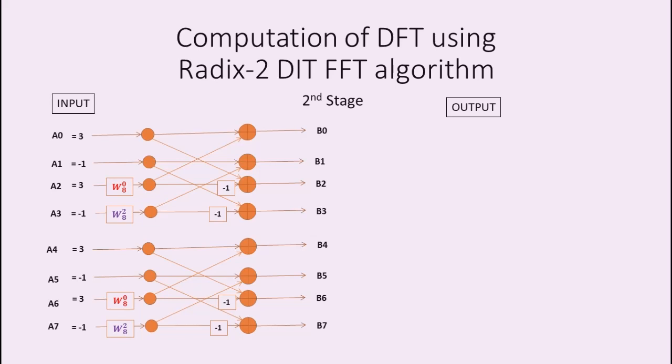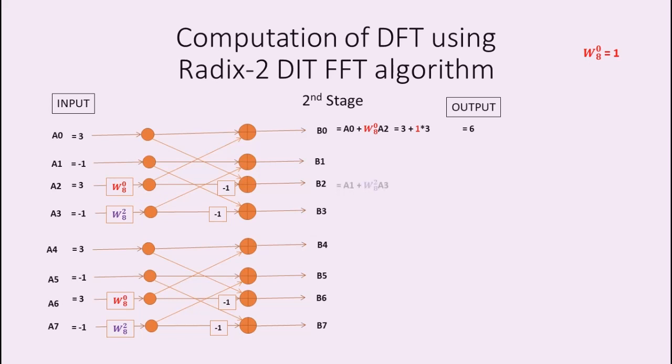Now B0 is equal to A0 plus A2 into W8 to the power 0. That's equal to 3 plus 1 into 3 and is equal to 6.